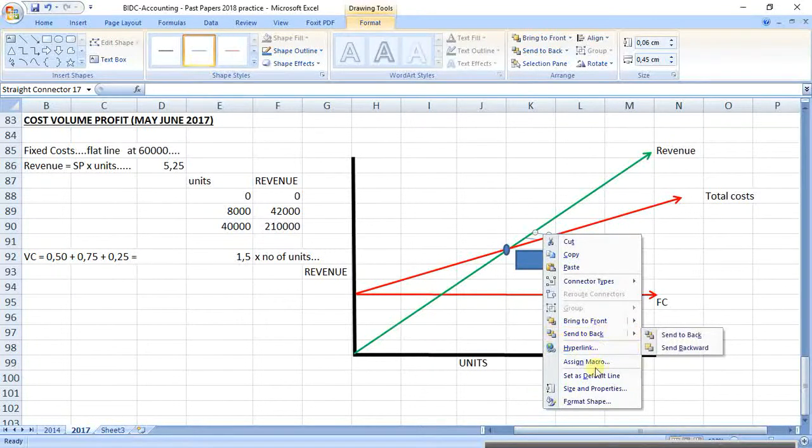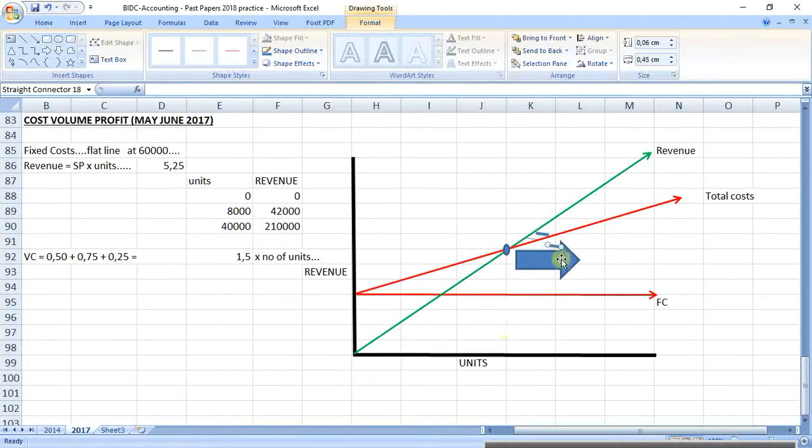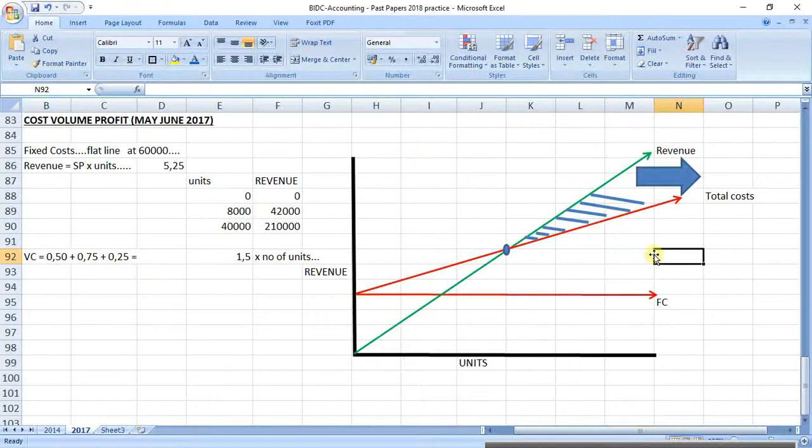That's the area that you make a profit. Okay, that's where the business makes a profit.